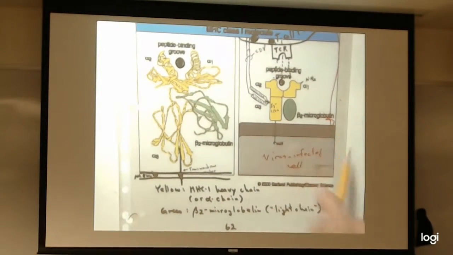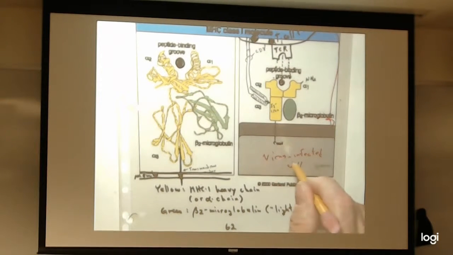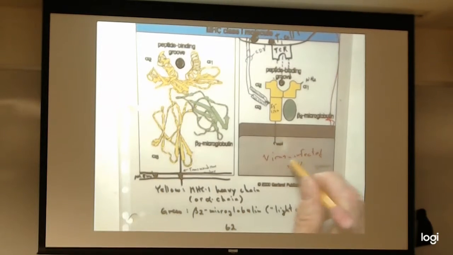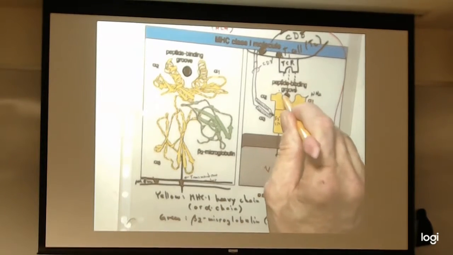And this, of course, would typically be a virus-infected cell, because it's intracellular viral proteins which are peptides created from those foreign proteins that are loaded onto the class 1 molecules.